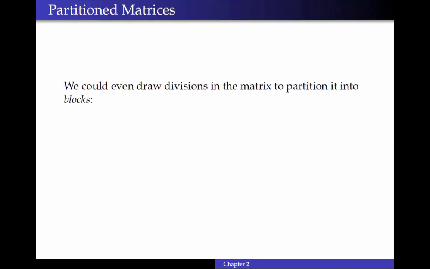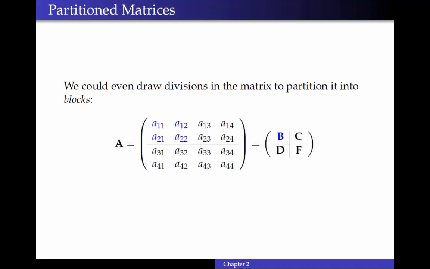We can also draw divisions in the matrix to partition it into blocks. Here I have a 4x4 matrix, and I'm going to block it off into these little 2x2 blocks. Each of these 2x2 blocks is going to have a name. Here, B is this top left corner, this 2x2 block in blue. So why might I want to do this?